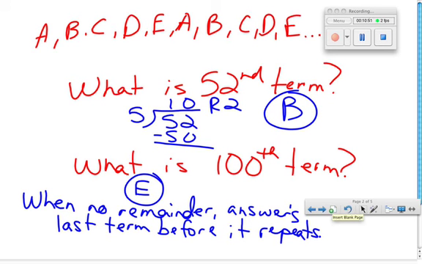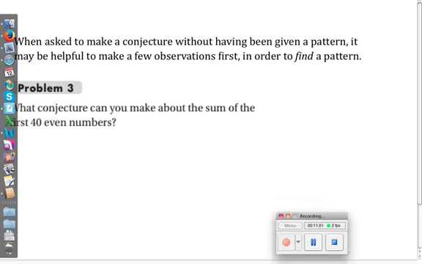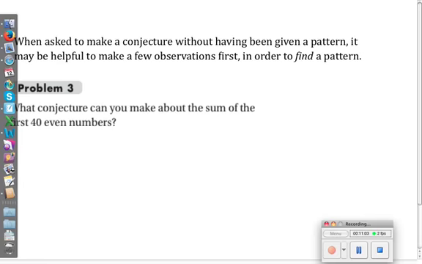Okay, now let's get ready to think deeply. Sometimes you're not even given the pattern. You have to kind of come up with the pattern. So in problem 3, notice they're asking for the sum of the first 40 even integers.